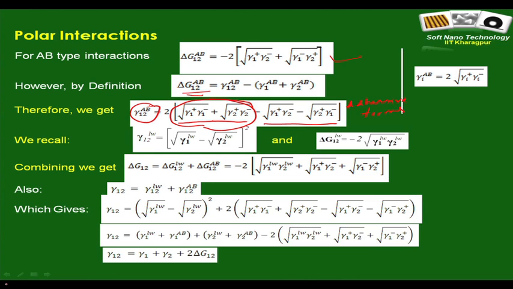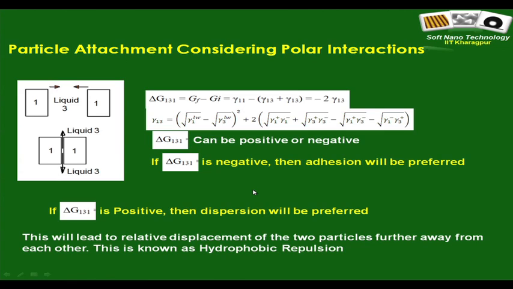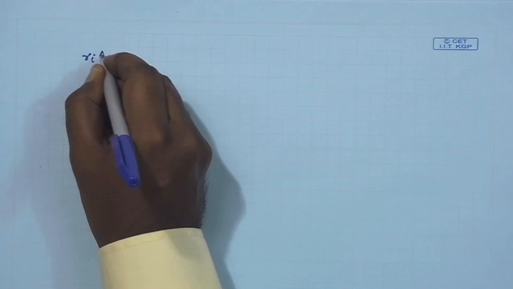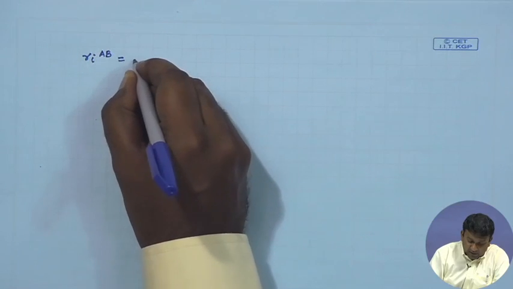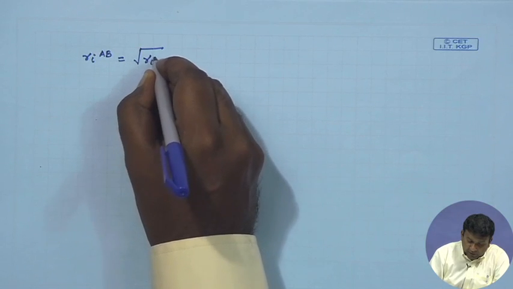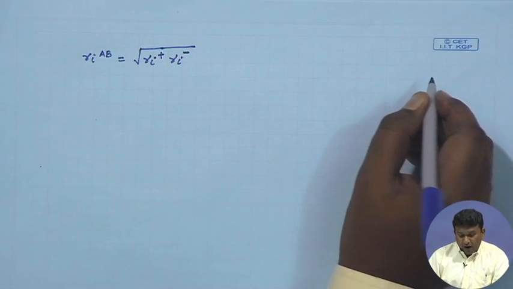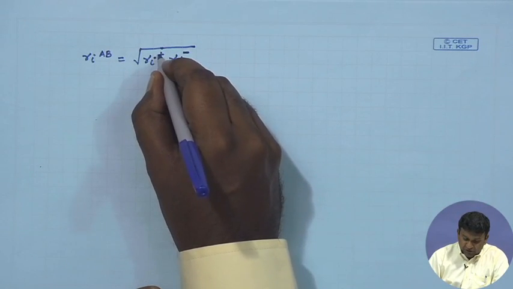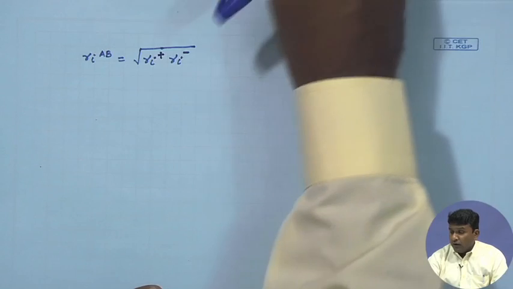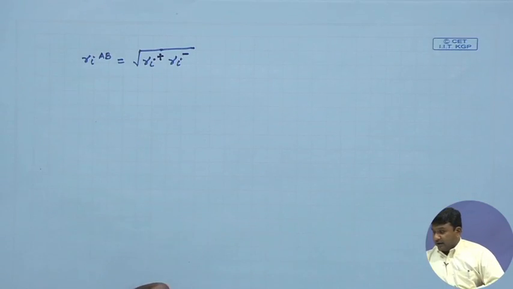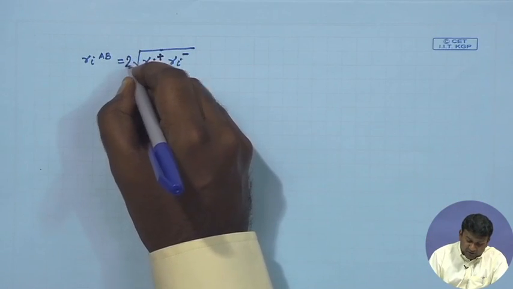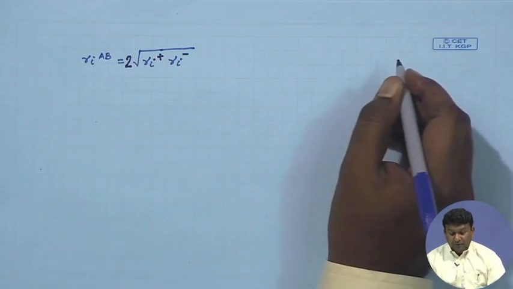There are certain additional interesting observations that one can make. One of them is, if you look at the expression for gamma I AB, what did we consider? We considered that it is a geometric mean of gamma I plus and gamma I minus. Sorry, I am missing out, it has a prefactor 2, that is not very important.